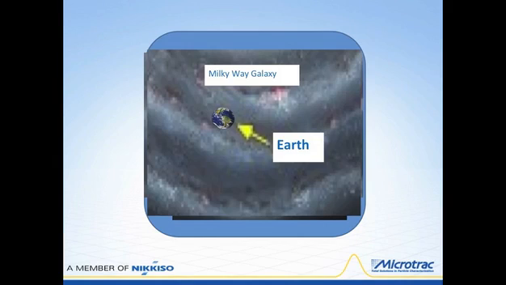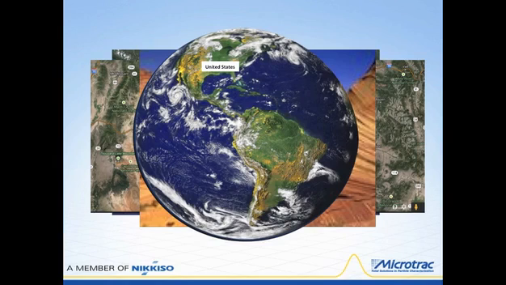But as we get closer and closer, in particular if we look at this area of the United States, we can notice out here in the western part the Rocky Mountains and other topographical aspects of our country.